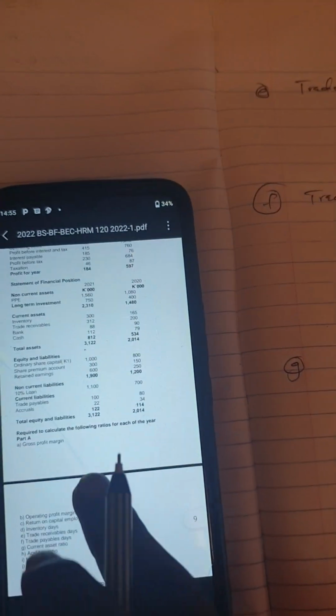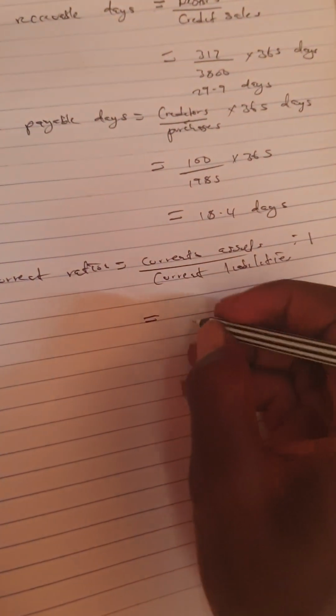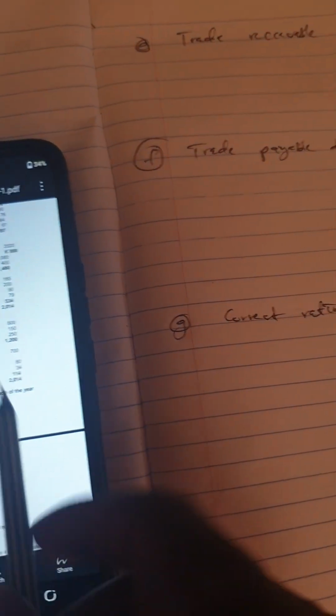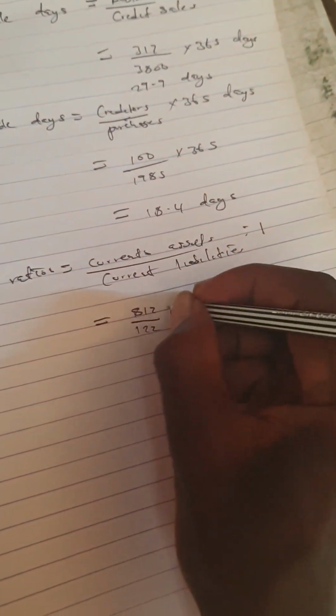Our current assets total was 812, divided by current liabilities, total 122, is to 1.